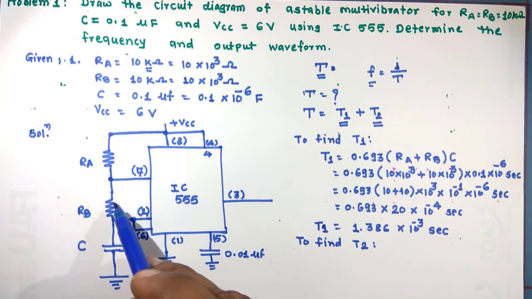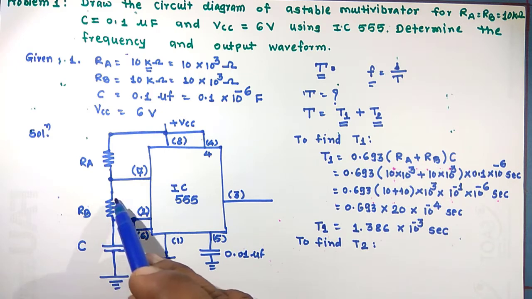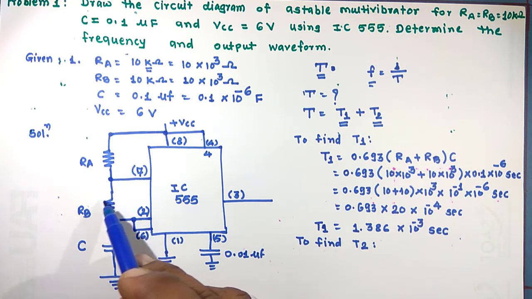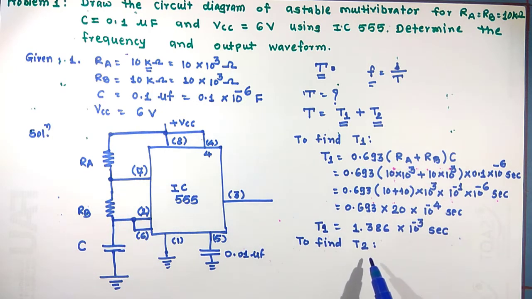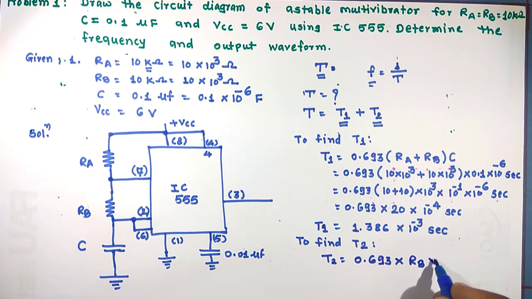So in discharge of the capacitor, only RB comes in the circuit, and so this time T2 is given by T2 is equal to 0.693 into RB into C.